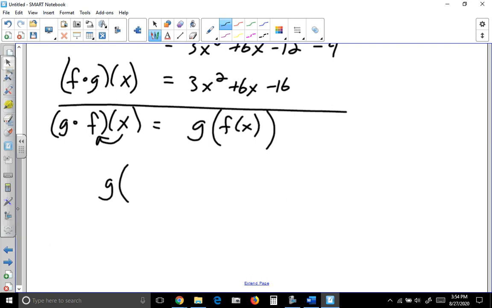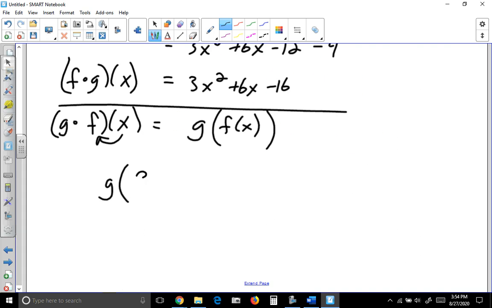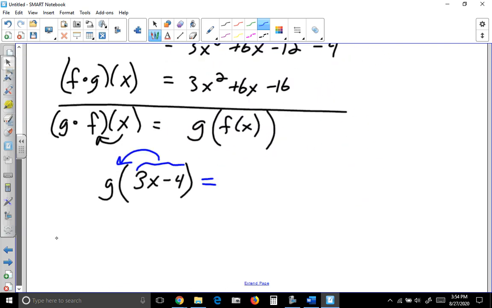So in place of f, we're going to put the function 3x minus 4, because that's the formula for f. And then we're going to put all of that into the function g. So the function g, remember, is x squared plus 2x minus 4.